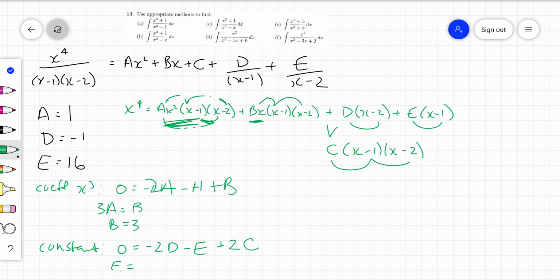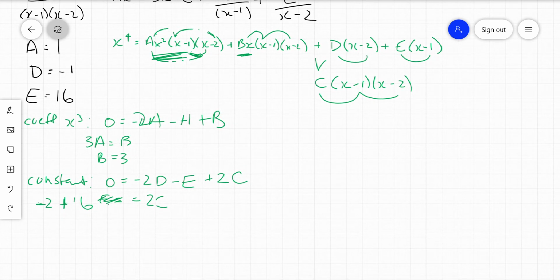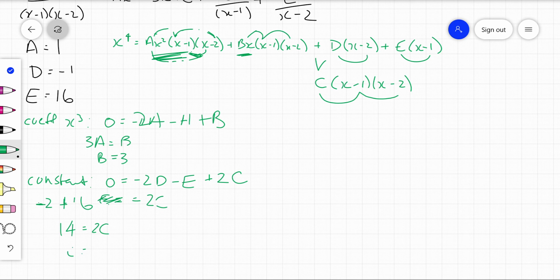All right, so I'm going to get a -2, and the e, so the +16 here, and that's going to give me 2c. So I'm going to get 14 is 2c. So c is 7.